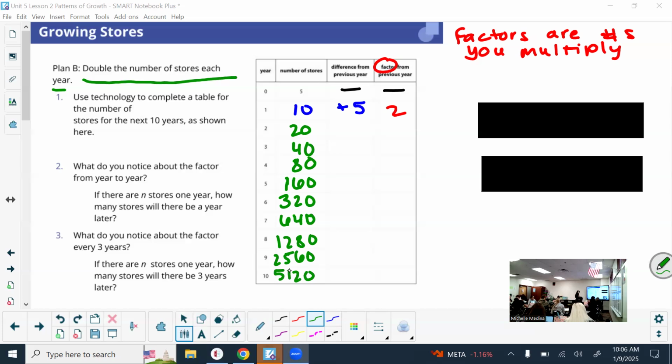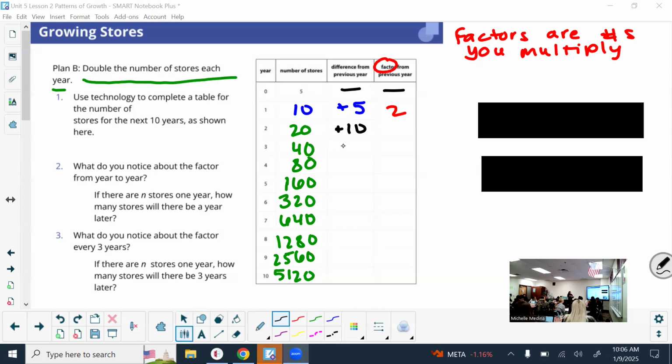That's the pattern. Now, difference from previous year: that's the one where you're asking yourself, what am I adding or subtracting? Because sometimes you add a negative number. What am I adding to this number of stores to get the next number of stores? So Evan, what do I need to put here where my mouse is? Good.